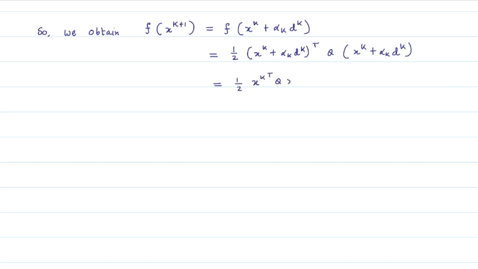x_k transpose Q x_k plus alpha_k x_k transpose Q d_k, because the matrix Q is symmetric, plus half alpha_k square d_k transpose Q d_k, which is further equal to half x_k transpose Q x_k plus alpha_k times, we write here that this entire expression is equal to its transpose, because it is a real number.